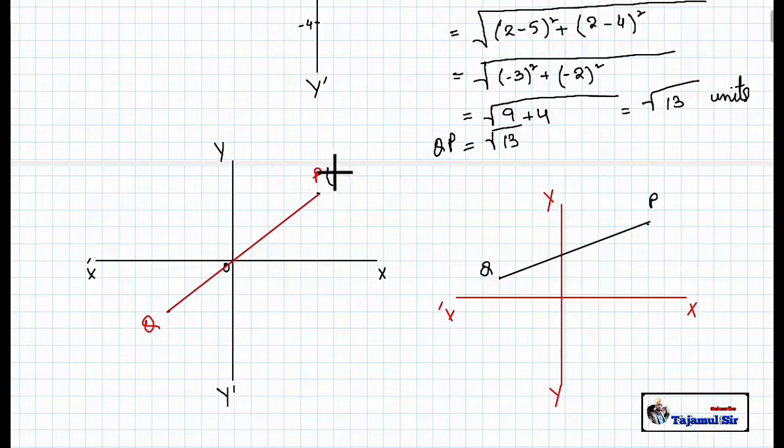The shortcut is here. You first find out x1 and y1 and then x2 and y2.